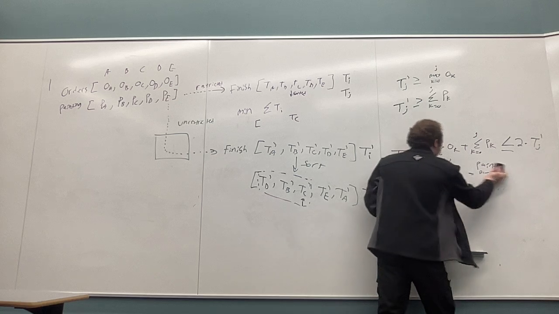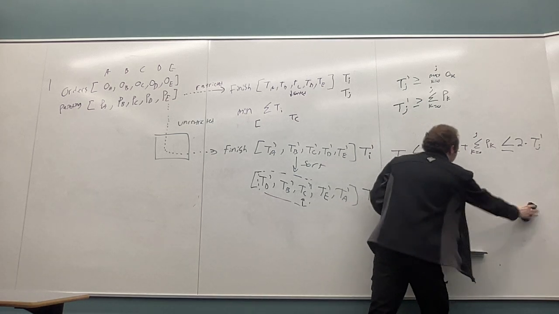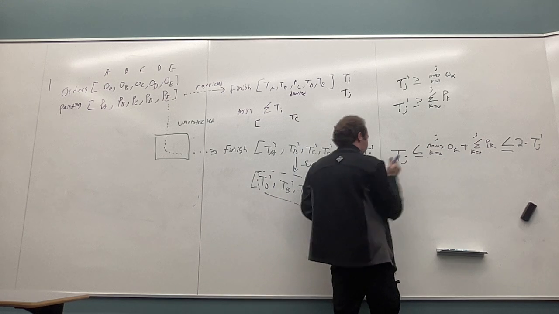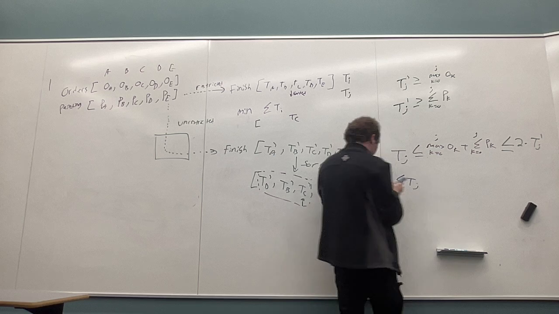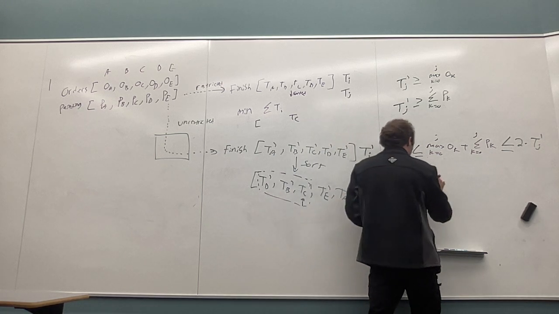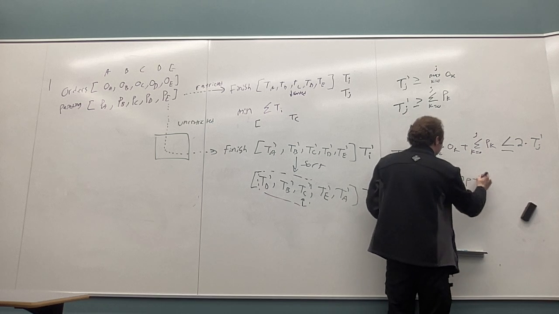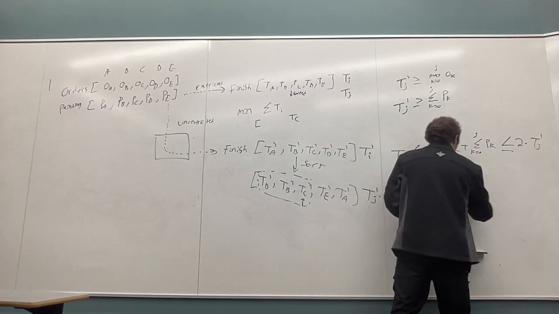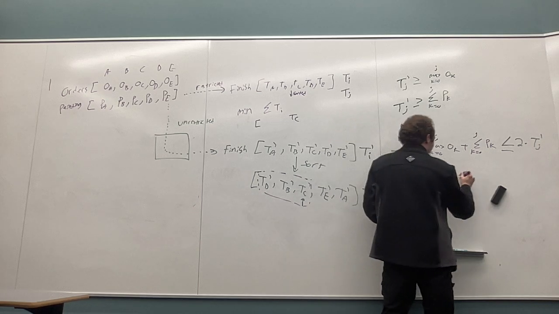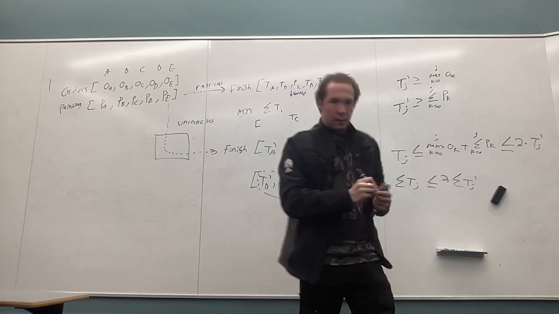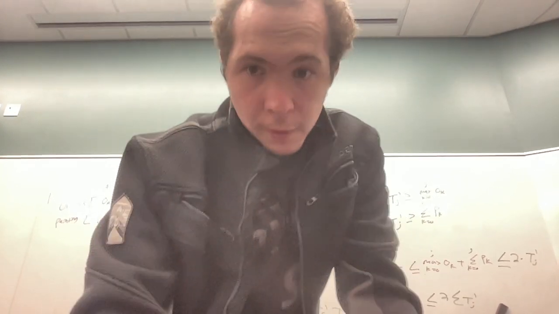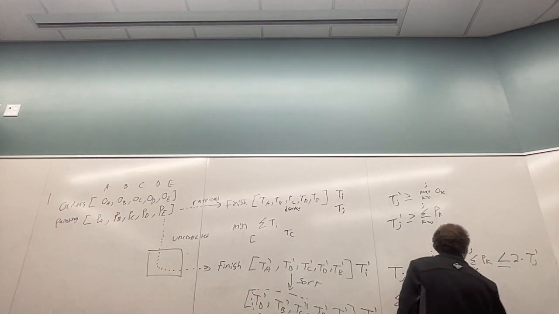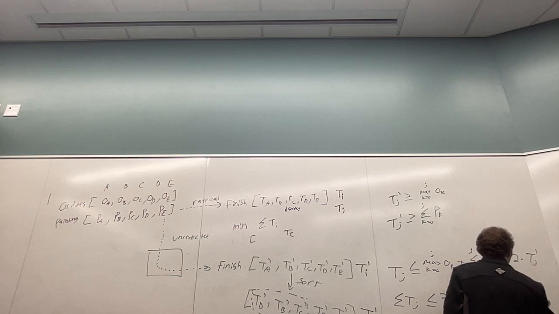And using this inequality and finishing it all off, we get that the sum of T_j is less than or equal to 2 times the sum of T_j prime, which is less than or equal to 2 times the optimal solution.